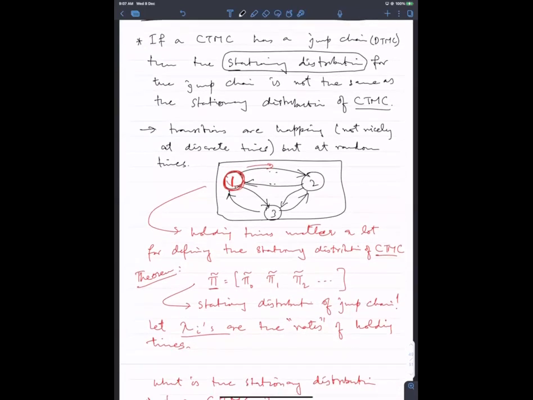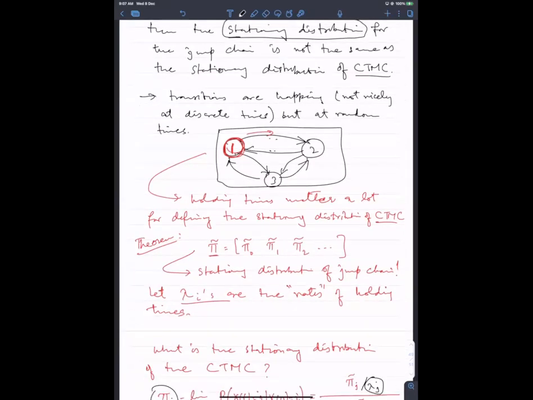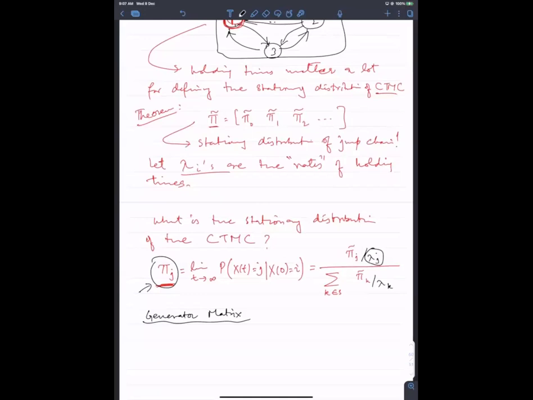Okay? And the third method was कि ये आपने jump chain की stationary distribution find out की और jump chain की stationary distribution से CTMC की stationary distribution आप निकाल सकते हैं. So this is for jump chain. And this is for CTMC.